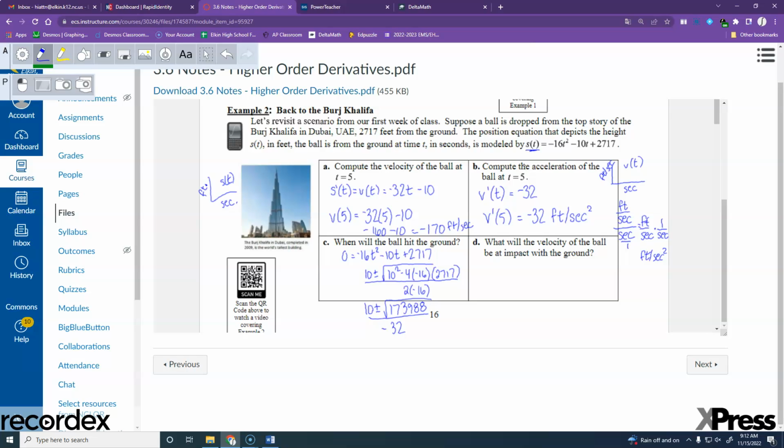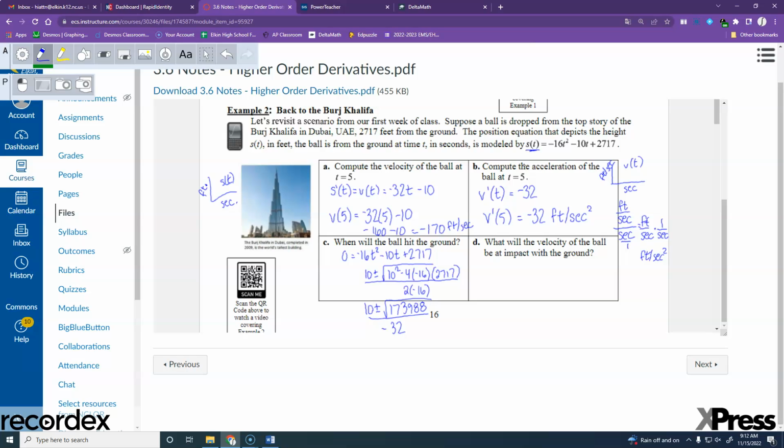You can do the whole thing at once. For the plus, you actually end up with a negative number. You get negative 13.3475. Does the negative number make sense for this particular equation, when we're asking when it's going to hit the ground? We wouldn't say a negative time, right?